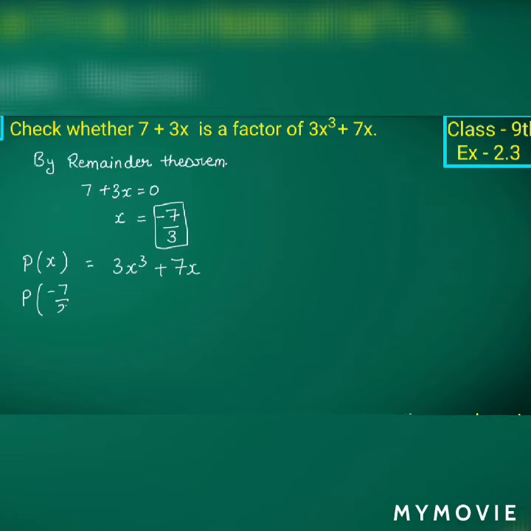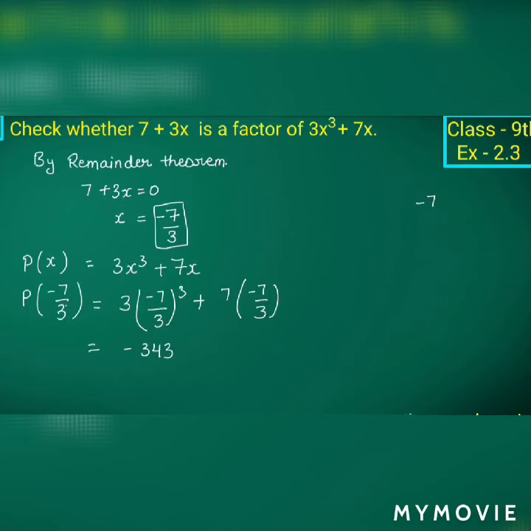In the place of x we substitute the value minus 7 by 3. Here we do minus 7 whole cube as well as 3 whole cube, isn't it?